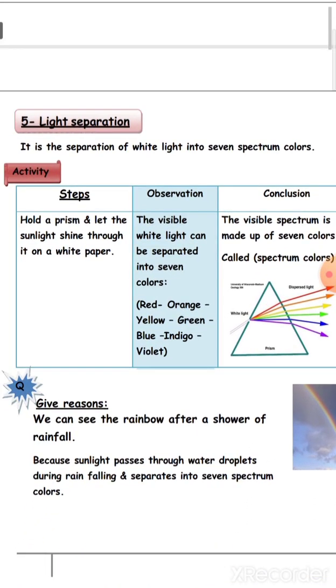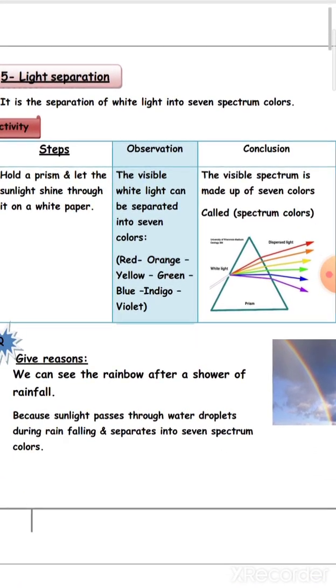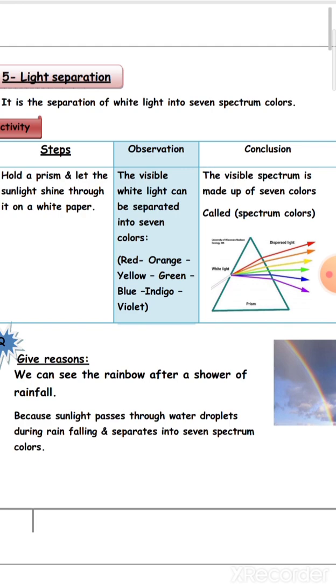The last property is the light separation. What's meant by the light separation? It means the splitting or the separation or the division of the white light into 7 spectrum colors. The white light that's coming from the sun is not just white light. No, it consists of what? It consists of 7 spectrum colors. What are the 7 spectrum colors?